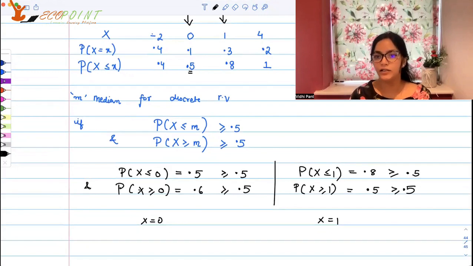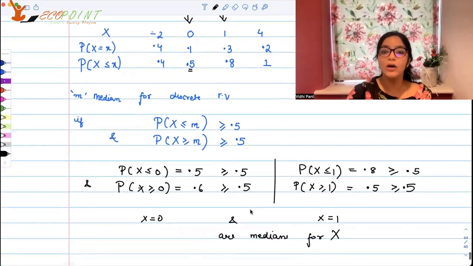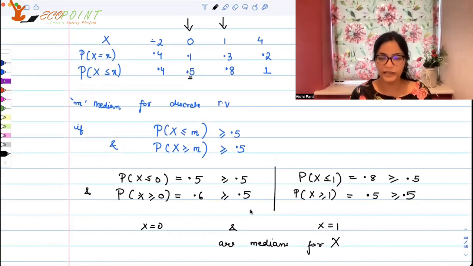What does this tell you? This tells you that they both are medians for this x. The thing is that we cannot say, okay, these are the two values, x equal to 0 and 1, let's take the average of these two and say the median is the average of these two, and that will be the point dividing the data in 50-50%.